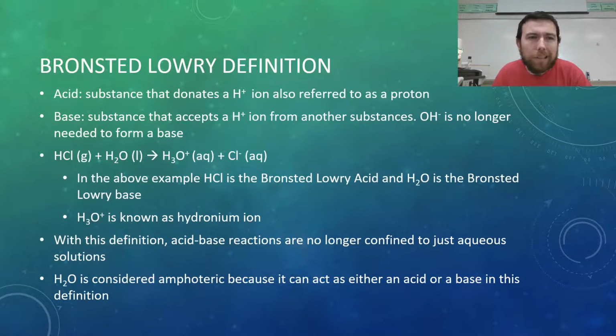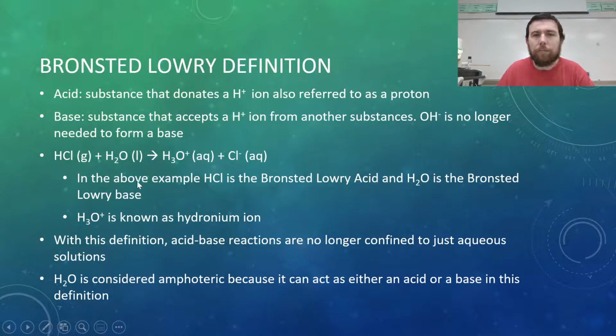So our Bronsted Lowry acid in this reaction would be HCl. HCl donated H plus. In this case, water is a base. It accepted that H plus that the hydrogen chloride gas was donating. And then you get the formation of H3O plus, which is the hydronium ion, and chloride.